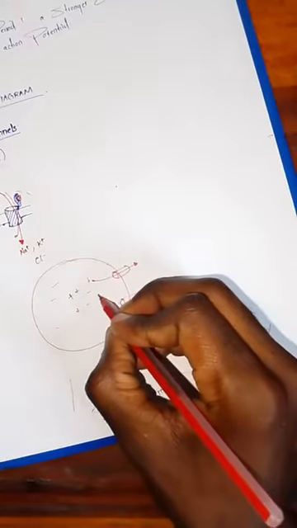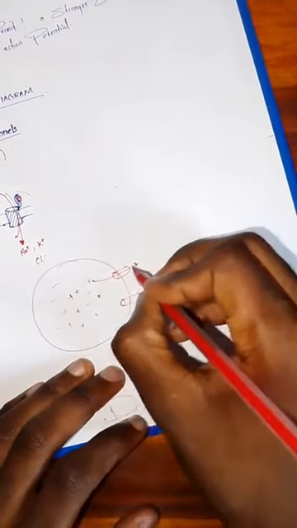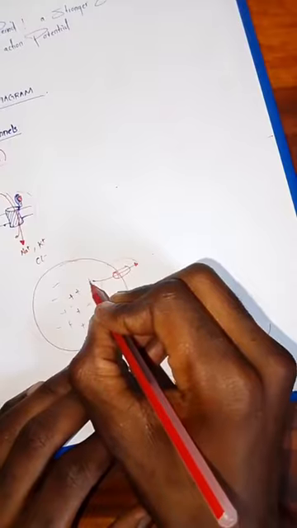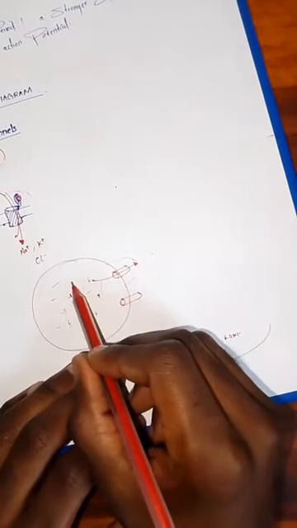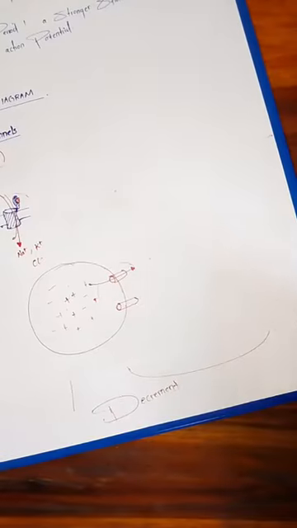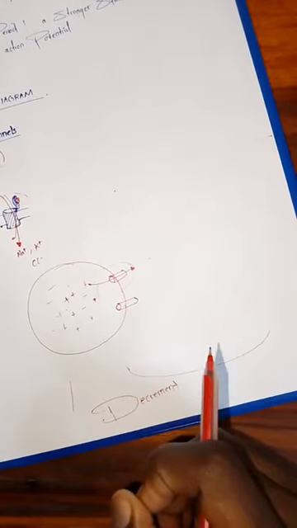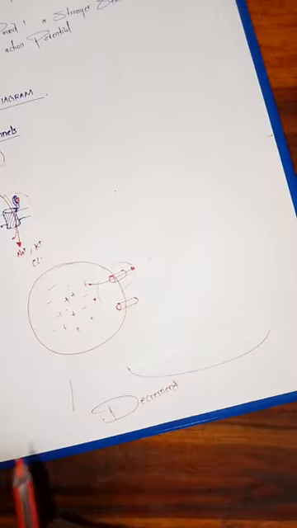So if we have more cations inside of this cell and fewer outside, these leaky channels will support the movement of these cations down their concentration gradient, meaning they will go to where they are in less concentration. That's how leaky channels work.